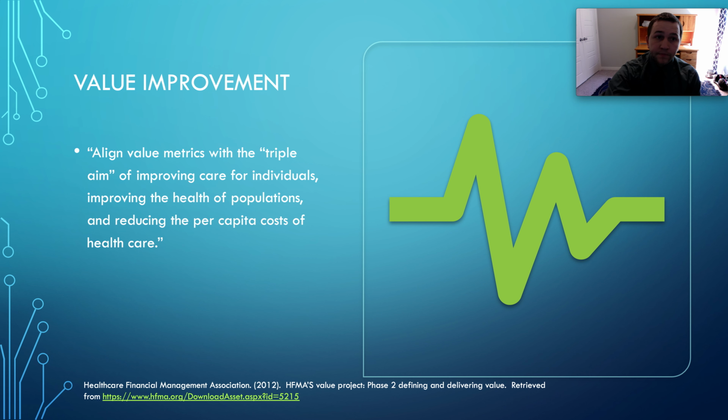So does this result in value improvement? Also, the Healthcare Financial Management Association talks about value improvement, and a quote from them says that it aligns value metrics with the triple aim of improving care for individuals, which we would be doing, improving the health of populations, which we would be doing.